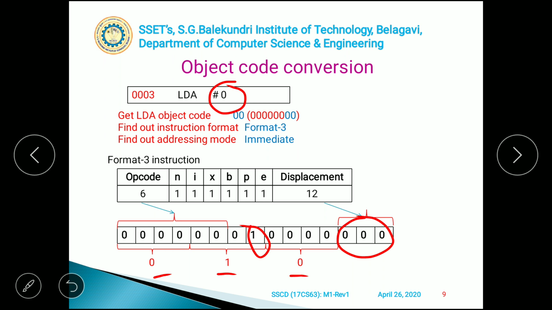Okay, and the last ones, that is 010000, zeros will be your next object code. That is what we have written here. For 003 LDA hash 0, you will get it as 010000. Okay, so this is how the object code is converted.